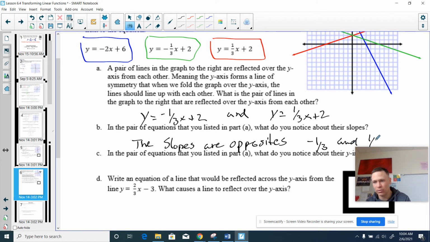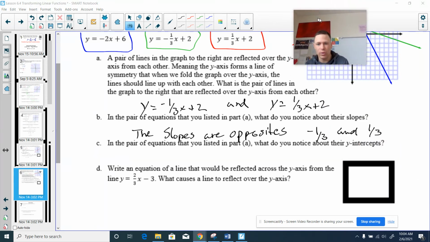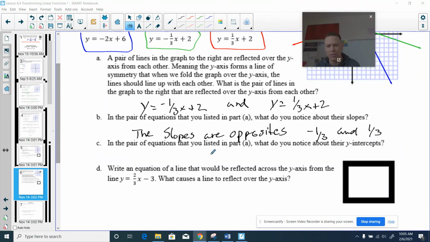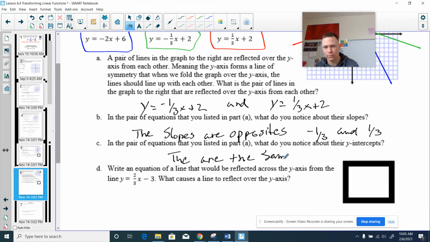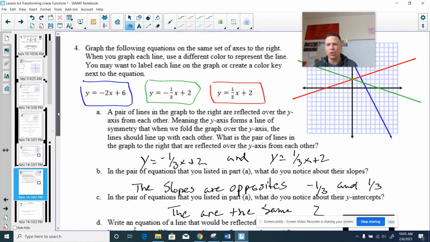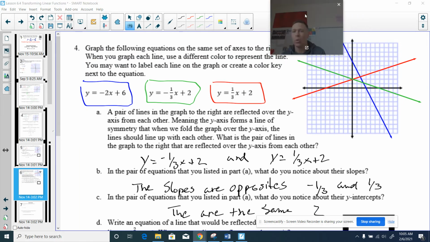Okay. So in the pair of equations that I listed, what do I notice about their y-intercepts? They are the same. They both have a y-intercept of positive 2. So that is actually a requirement.